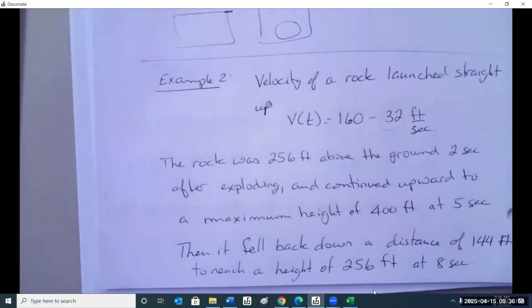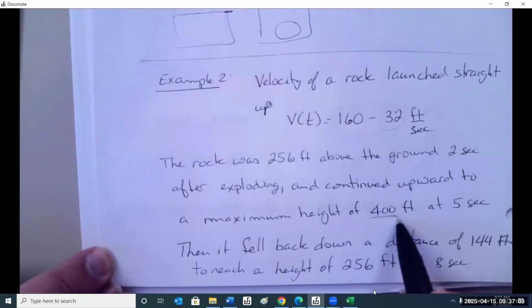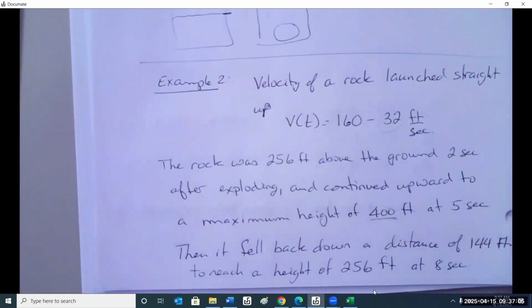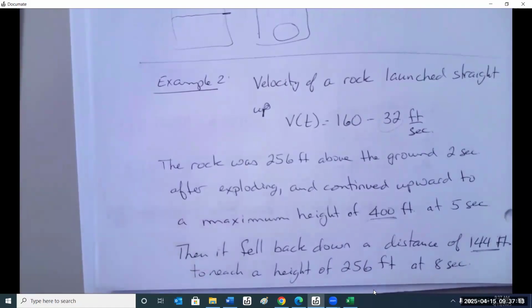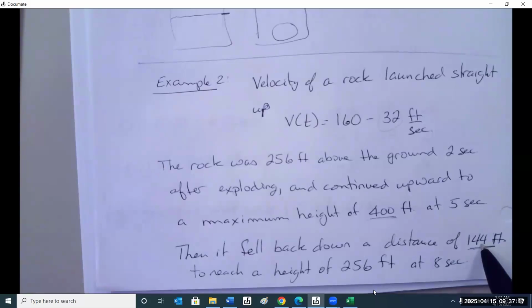So what's the total distance traveled? The total distance straight up is 400 feet, right? Then how far did it fall back down? It fell a distance of 144 feet before it got to that height level. So we add 400 and 144, we get what?